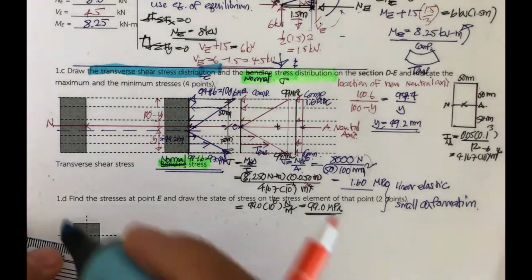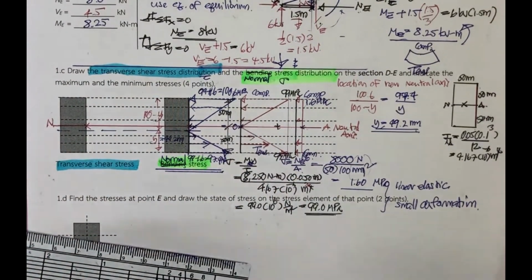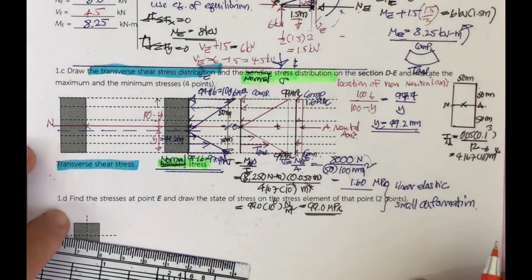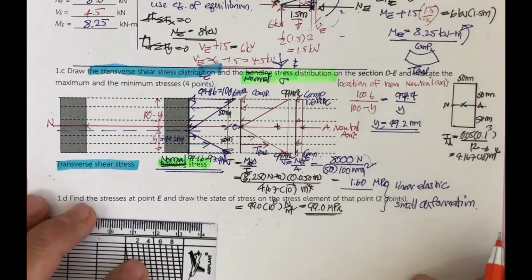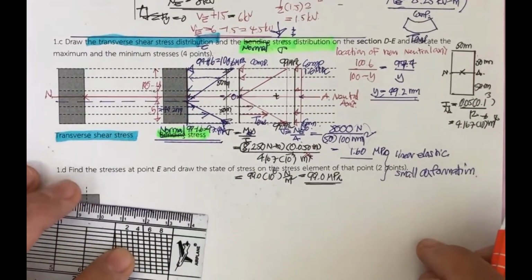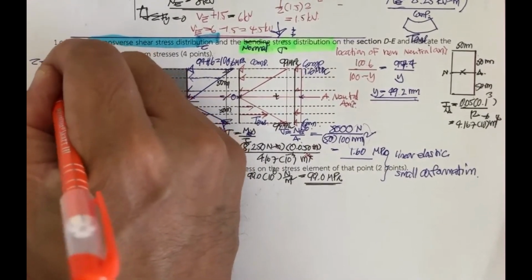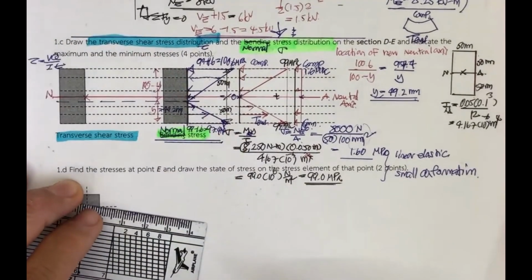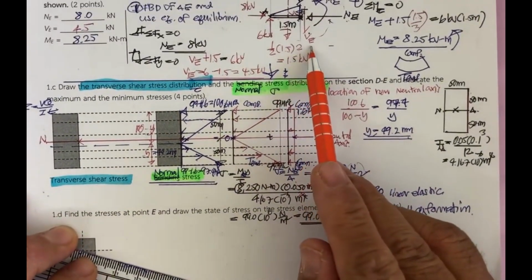We still have one more, and that is the shear stress. Due to the symmetry of this, the equation that we use to compute the shear stress is tau equal to VQ over IT. Okay, the V on the section is always the same.